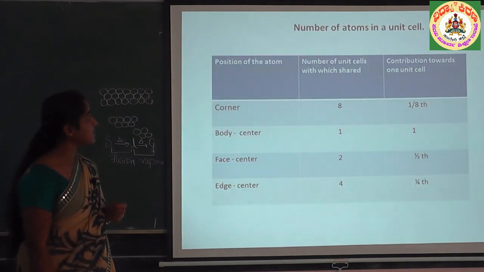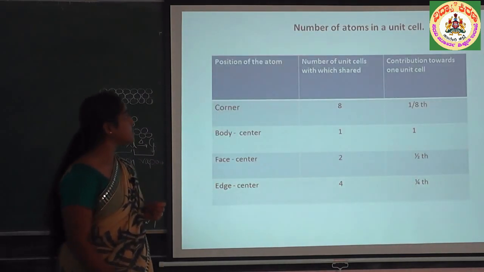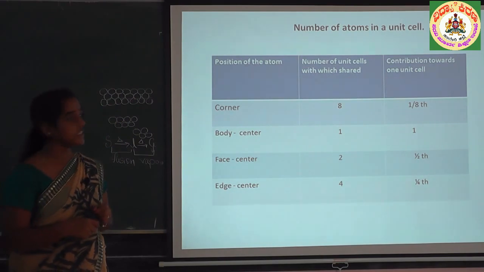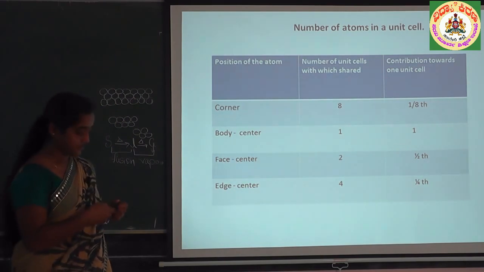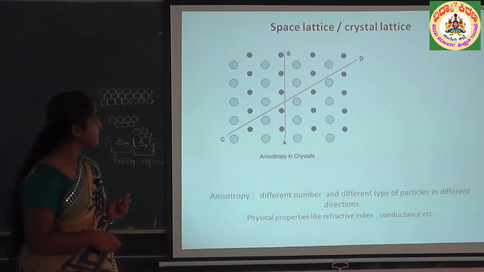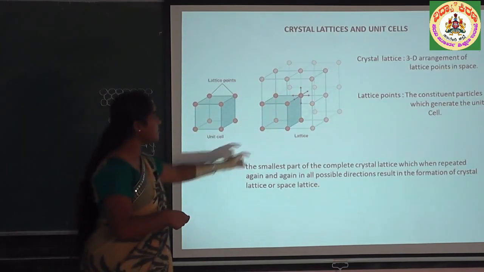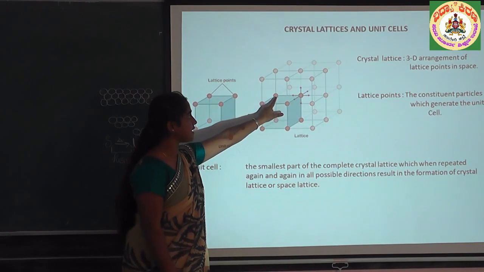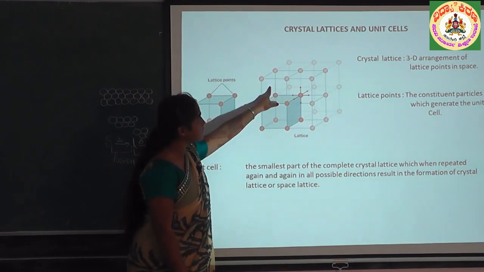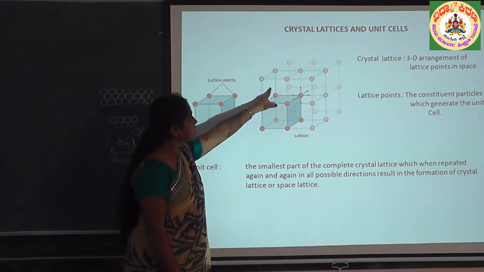Then this is very, very important: position of the atom, then number of unit cells with which it is shared, and contribution towards one unit cell. What does it mean? See here, this is a lattice. Suppose we take this lattice point, it is common to this unit cell, and this is a shaded one and this is an unshaded one.